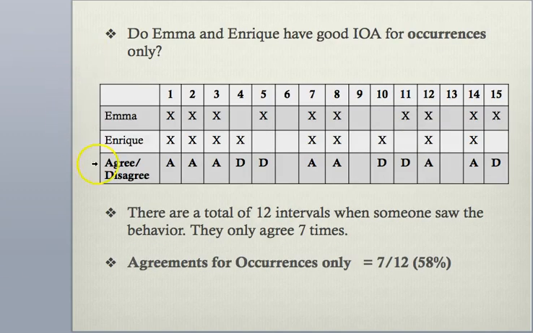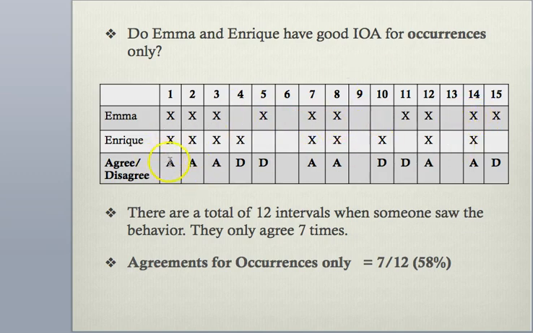So again, here's that same set of data. And the question is, do Emma and Enrique have good IOA for occurrences only? And so what we do, notice that some of the agreement and disagreement boxes are now empty. And that happens when both of them agree that it did not occur, because that would be a non-occurrence. So we leave those boxes blank.